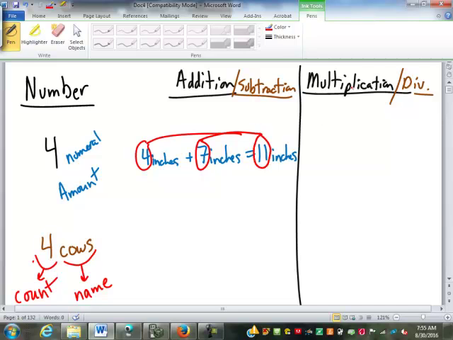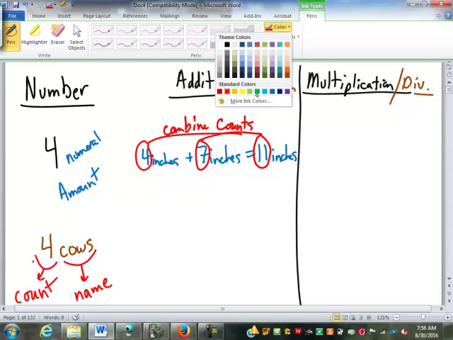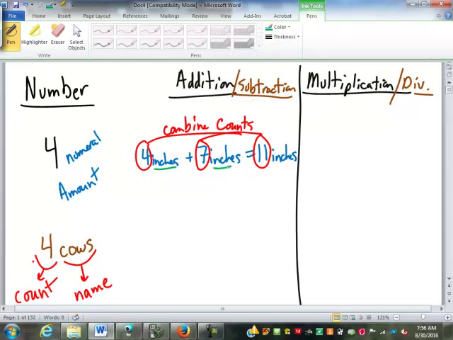We added them. We combined them with addition. So when we add numbers, we combine the counts. But what happened to our names? We had inches, and it became still inches. It stayed inches. When we add or subtract, we just keep the same name.